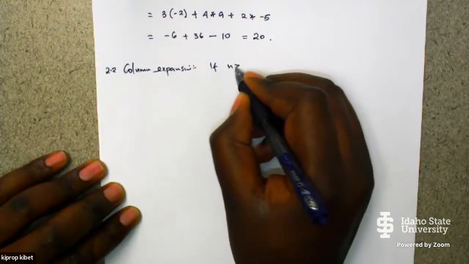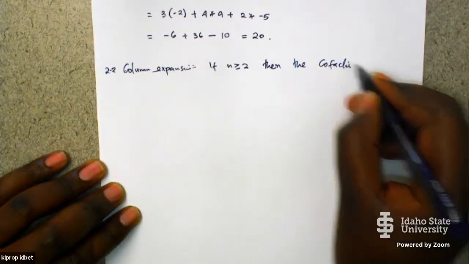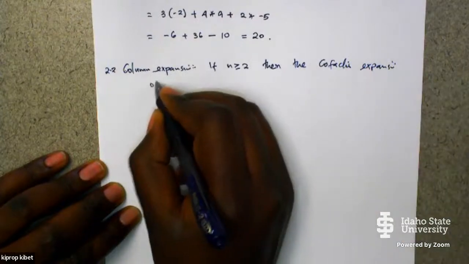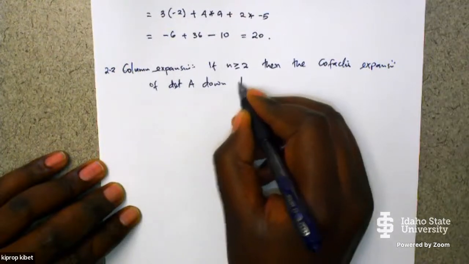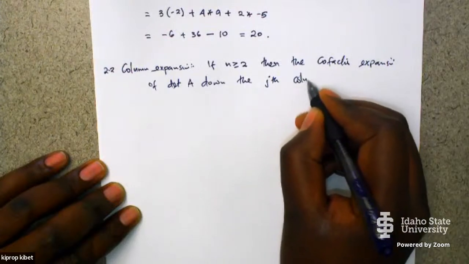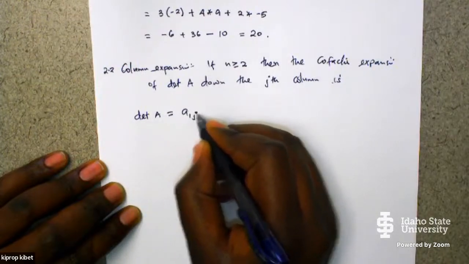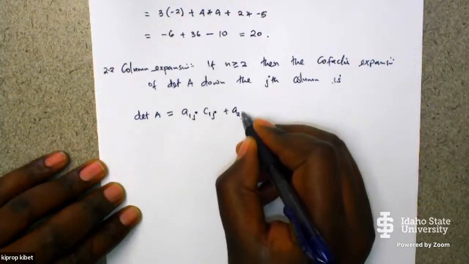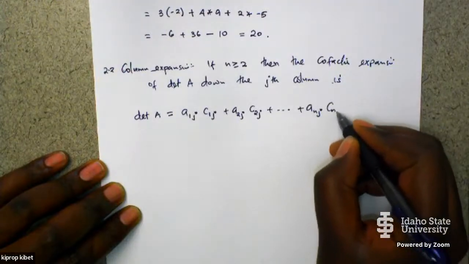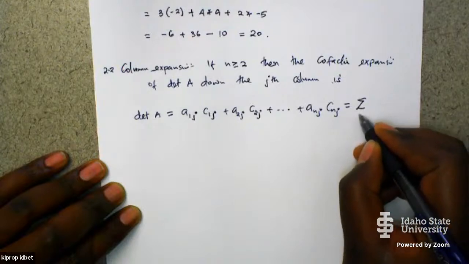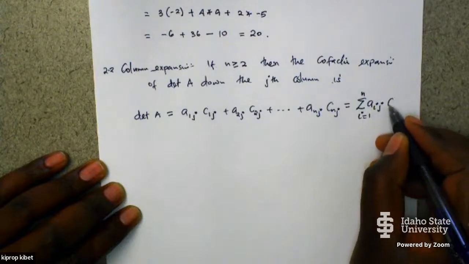If n is greater or equal to 2, then the cofactor expansion of the determinant of A down the jth column is the determinant of A equals A1j C1j plus A2j C2j plus up to Anj Cnj, which is the same as the summation of i equals 1 to n of Aij Cij.